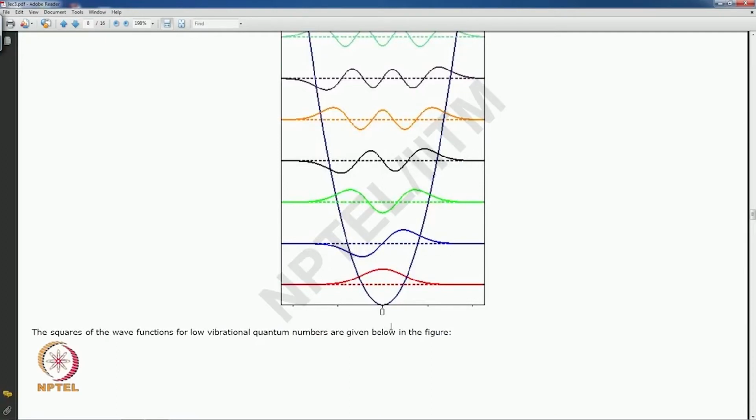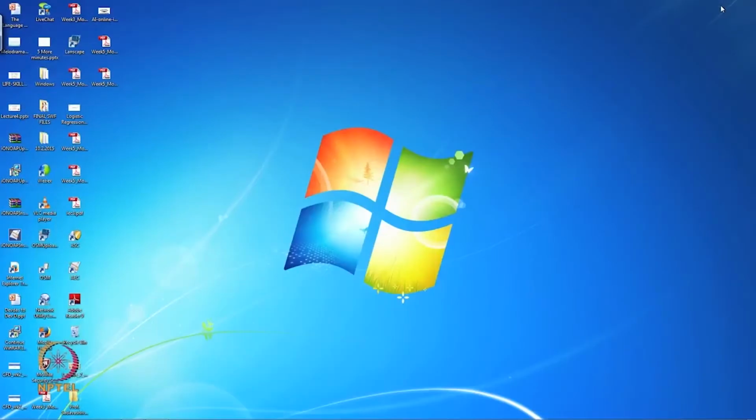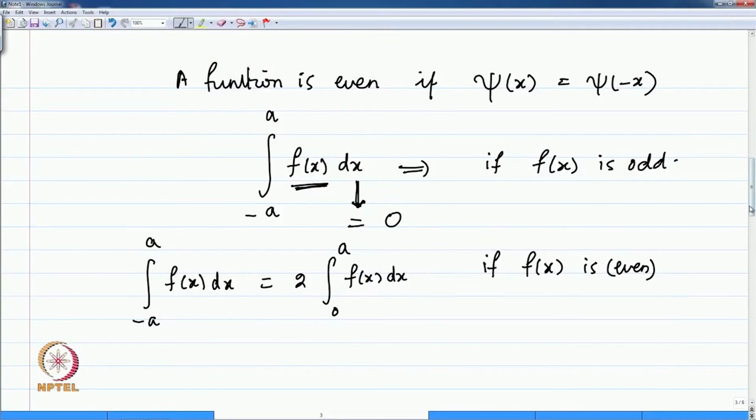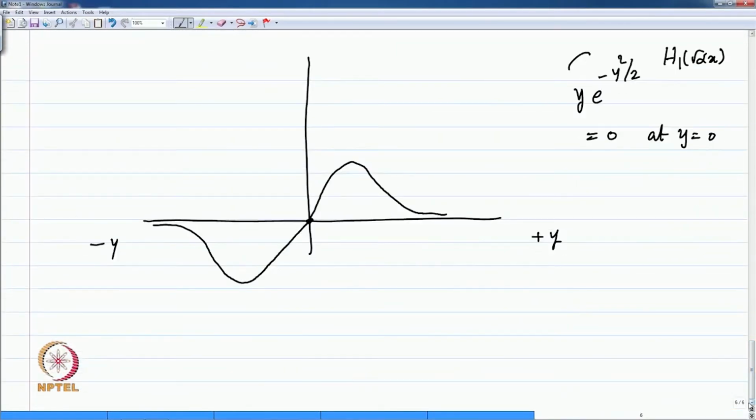These are wave functions, and likewise the next function, which is 4y square minus 2 times exponential minus y square by 2, gives you this shape, namely it is negative in the middle, and then there are 2 points where the function goes to 0, and those 2 points are essentially the points where the function 4y square minus 2 exponential minus y square by 2 vanishes.